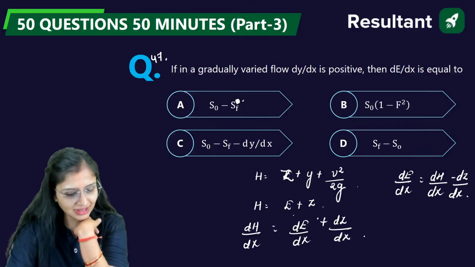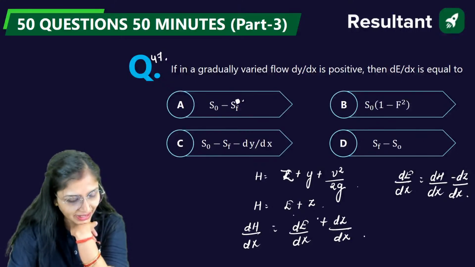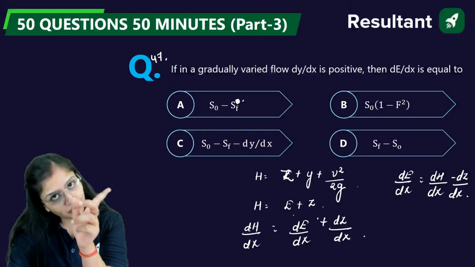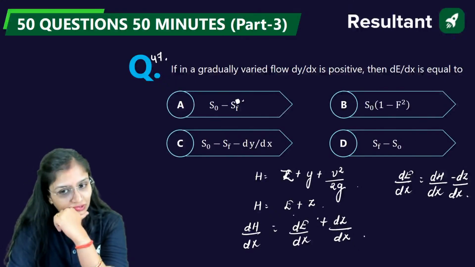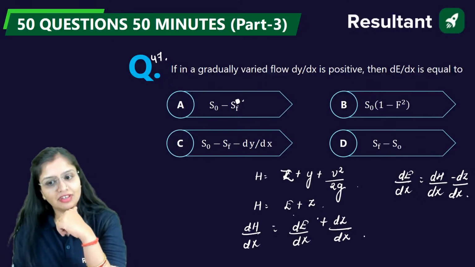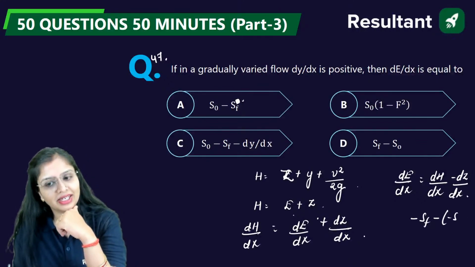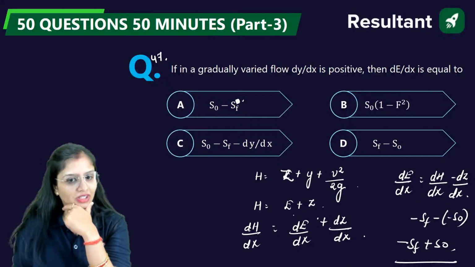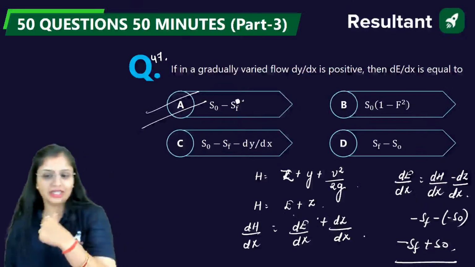S naught minus SF, or SF minus S naught? dy by dx is positive. That means it is a backwater curve. The depth of flow is increasing in the direction of flow. It will be minus SF minus S naught, so it will be minus SF plus S naught. No? That means S naught minus SF. Check it out once, whether what I have done is correct or not.